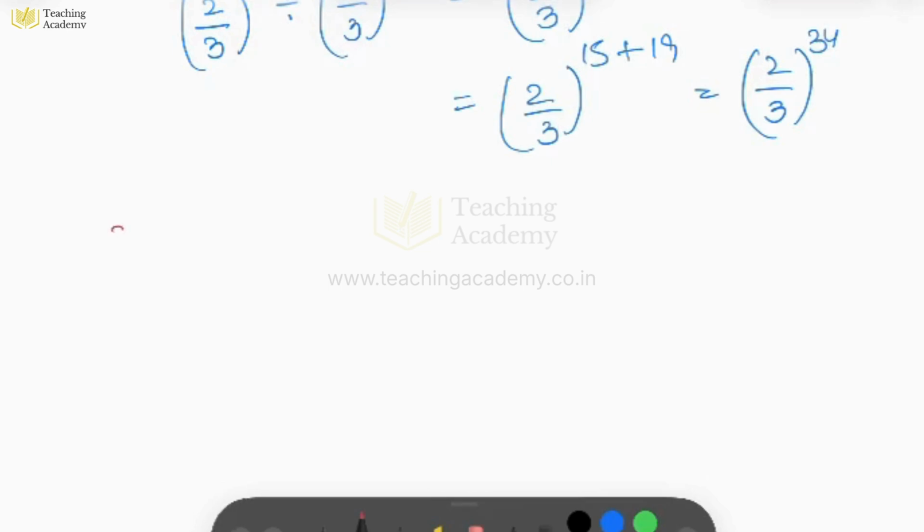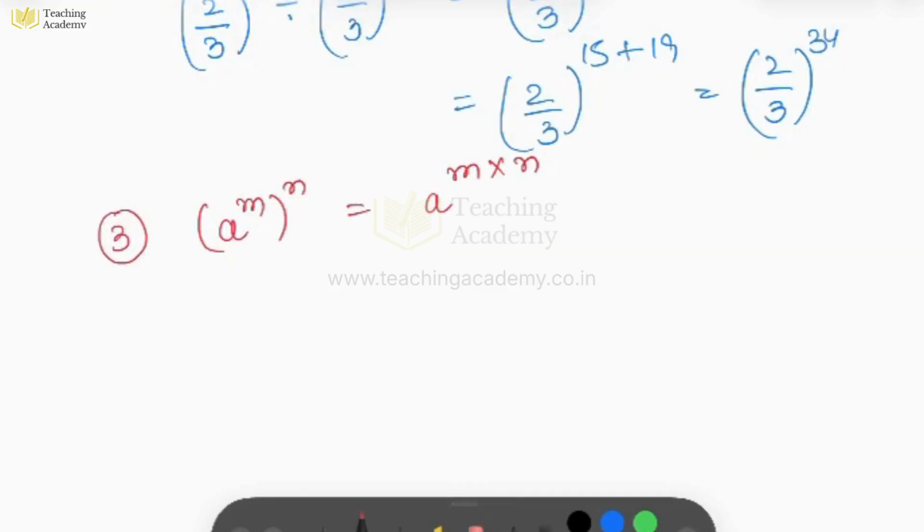So the third rule is very important. This occurs many times. Even if you don't know it, you just recognize it now. A to the power m and n. Suppose two powers or indices are there on a single base, then we are going to multiply these powers.